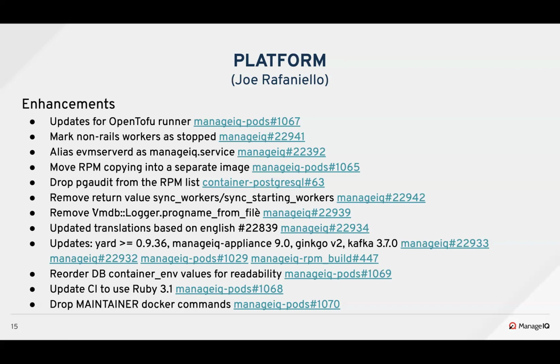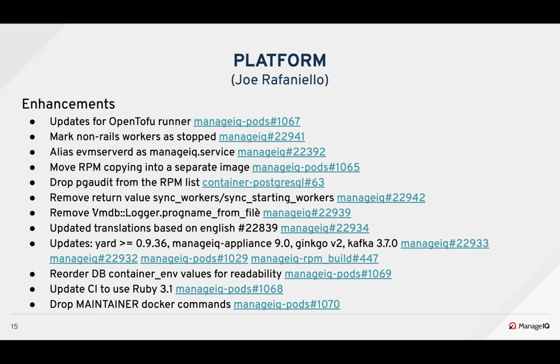Jason moved the RPM copying into a separate image to decrease wasted space between layers if you wanted to make that shareable between different layers. Brandon dropped the unused pg_audit RPM from the Postgres container. Adam dropped the return value from sync_workers and sync_starting_workers as it wasn't needed and was actually more complicated. Adam also dropped the no longer used program name from the VMDB logger.